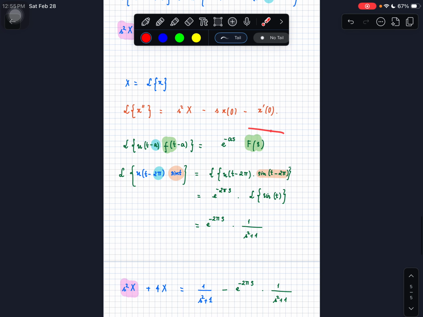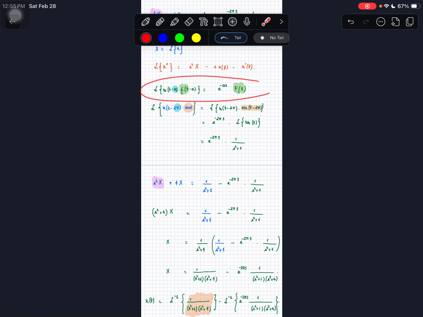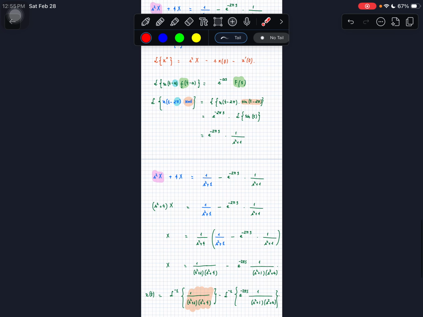Actually, this is a translation on the t-axis. So e to the minus as times this function, the inverse transform is u(t minus a) f(t minus a). So we find the inverse transform of this one, and we apply this formula.